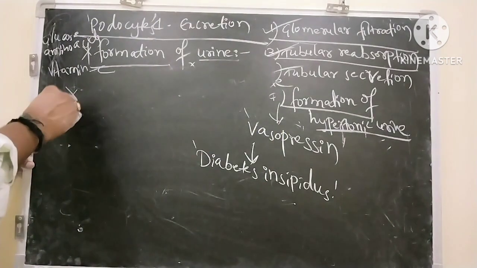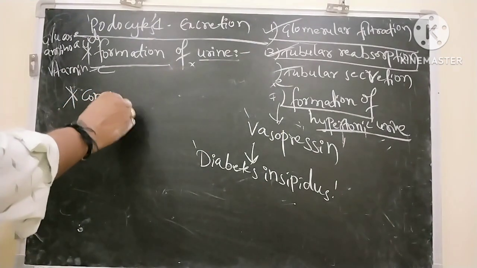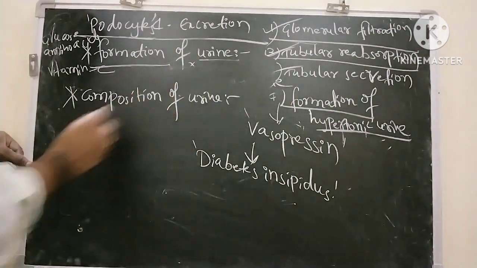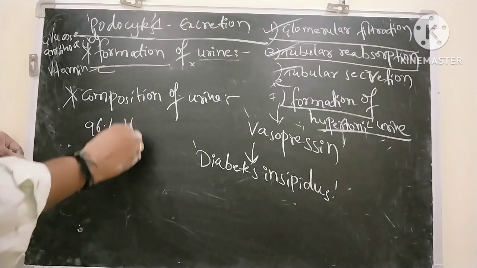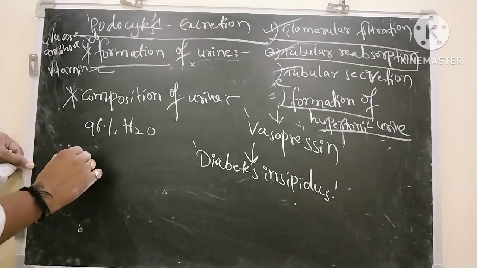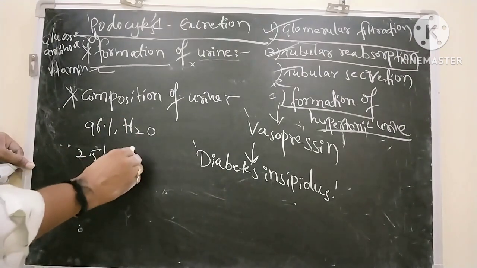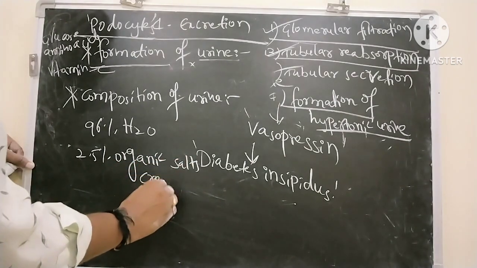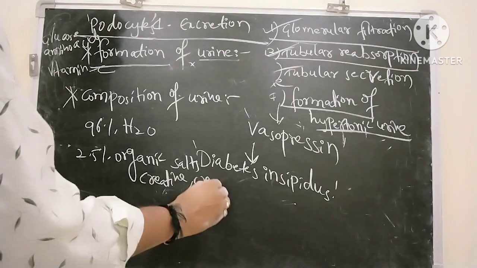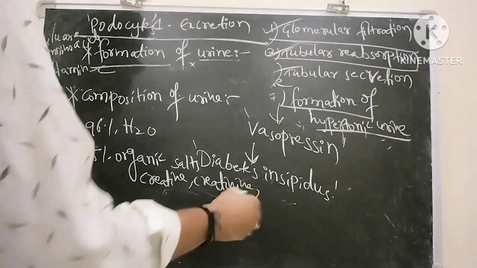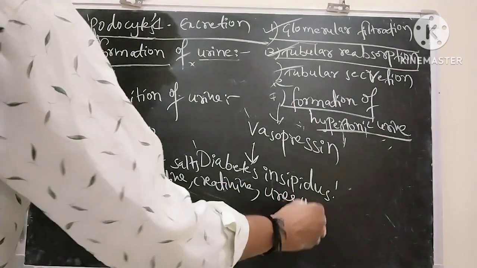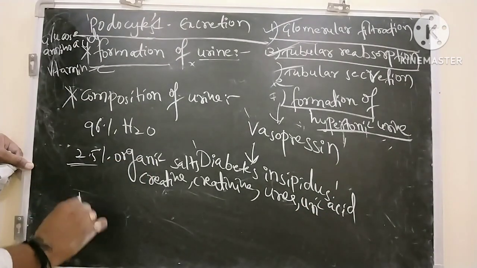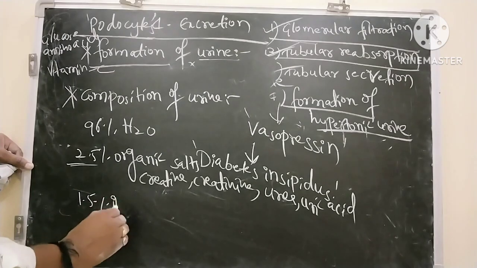Next, composition of urine. So what is present in urine? Urine consists of 96% water, 2.5% organic salts, meaning creatine, creatinine, urea, uric acid, all these are present in the 2.5% of organic salts, and the 1.5% is inorganic salts.